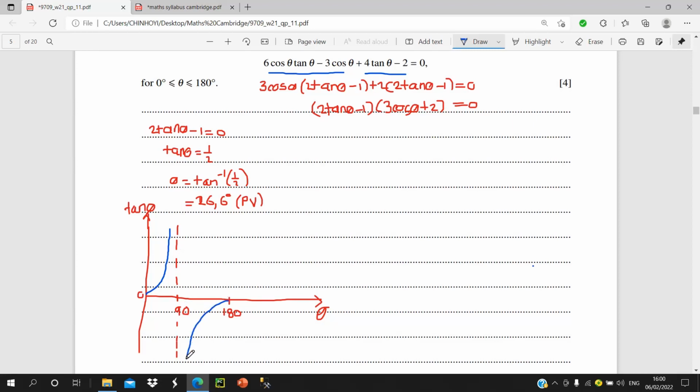But since we are saying tan theta is equal to half, it's positive, so half is somewhere here. If we draw a horizontal line, we only have the solution here between 0 and 90, and the first solution is our PV 26.6.